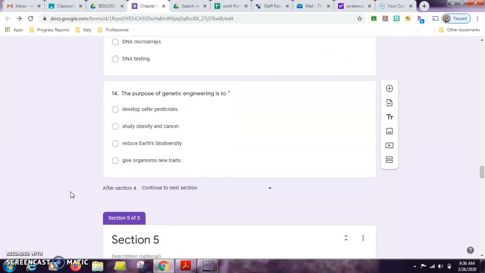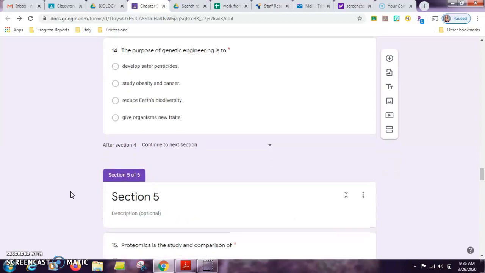Number 14. The purpose of genetic engineering is to develop safer pesticides, study obesity and cancer, reduce Earth's biodiversity, or give organisms new traits. When you're done with that section, let's keep going to section number 5.